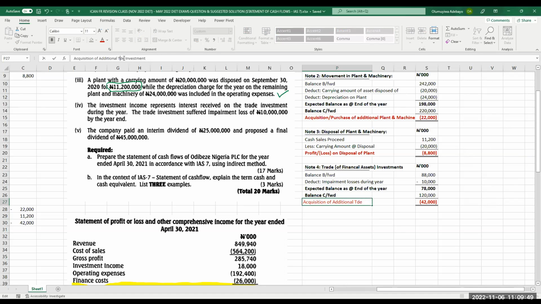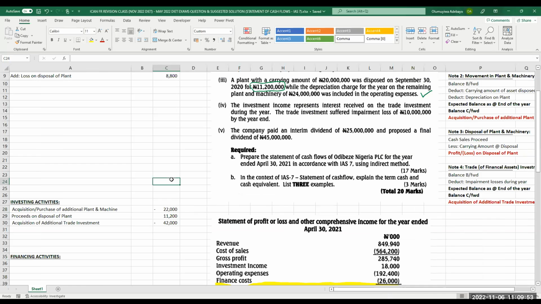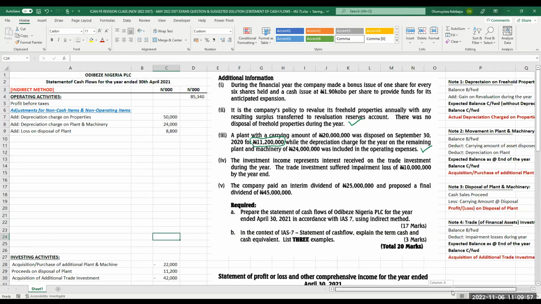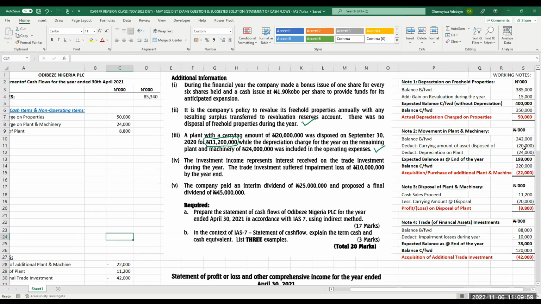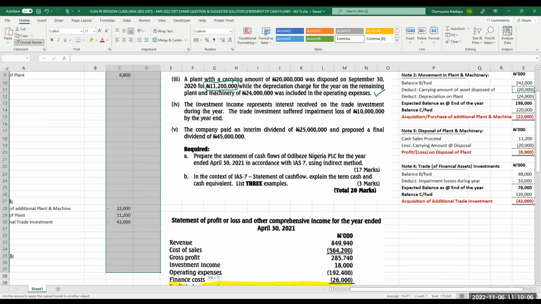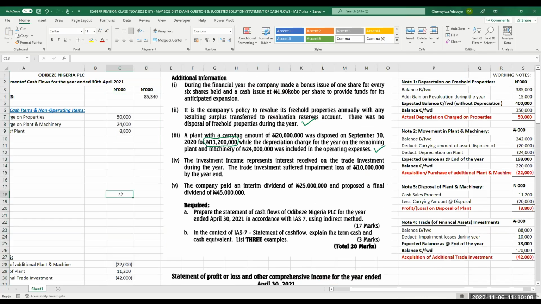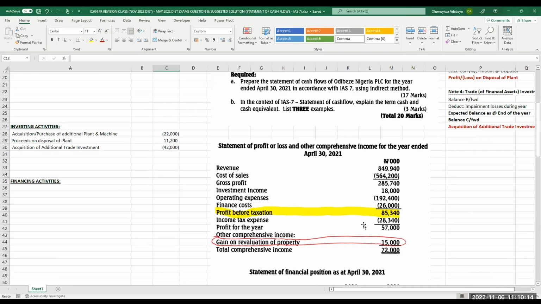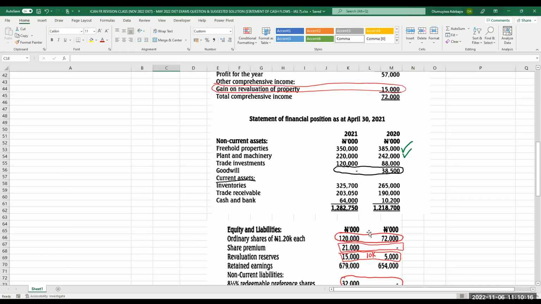All figures in thousands. Now, which means in this case, we have also dealt with trade investment to some degree. I'll take this out.